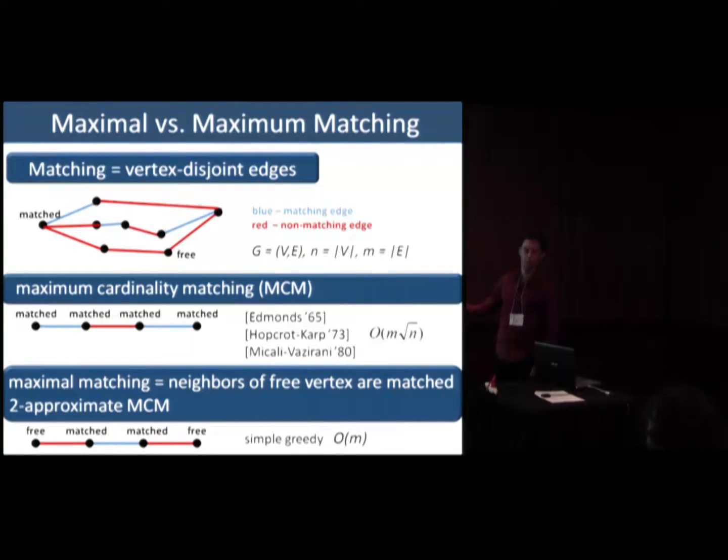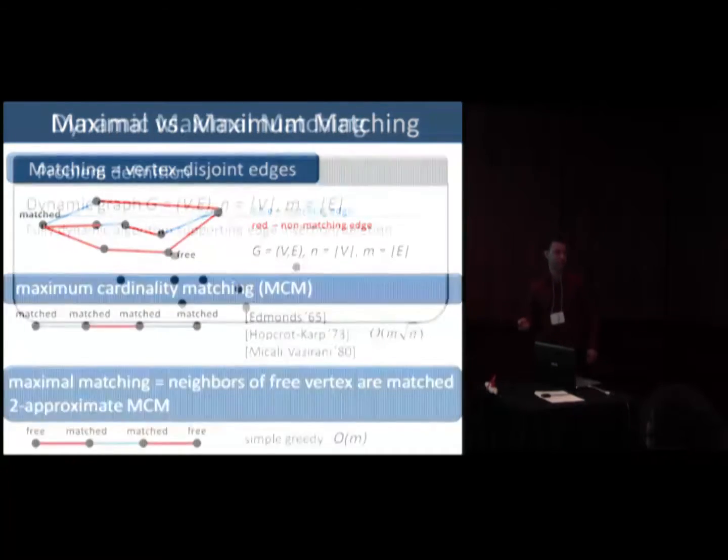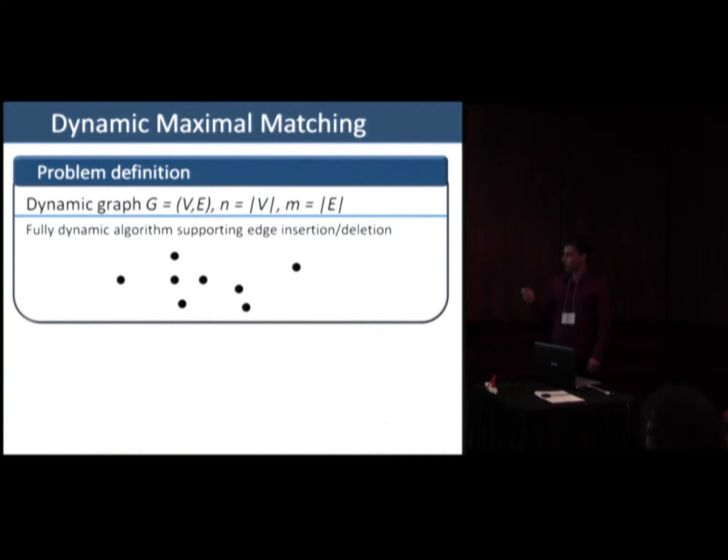And we are interested in a dynamic setting where we have n fixed vertices, but the edges come and go. And following every edge update, we are considering the maximal matching problem, not the maximum. Following any edge update, we want the algorithm to update the matching as fast as possible.